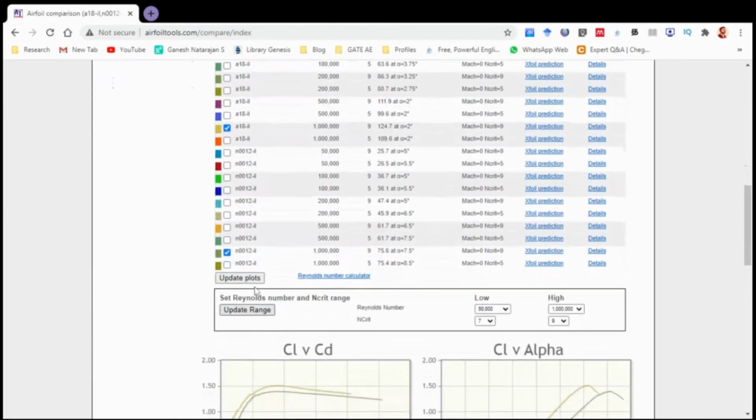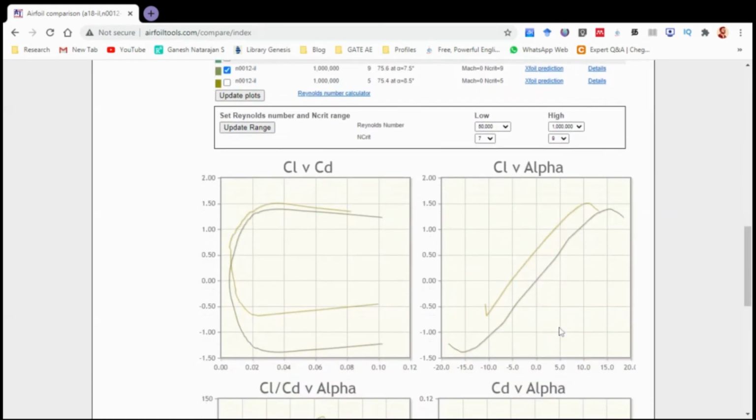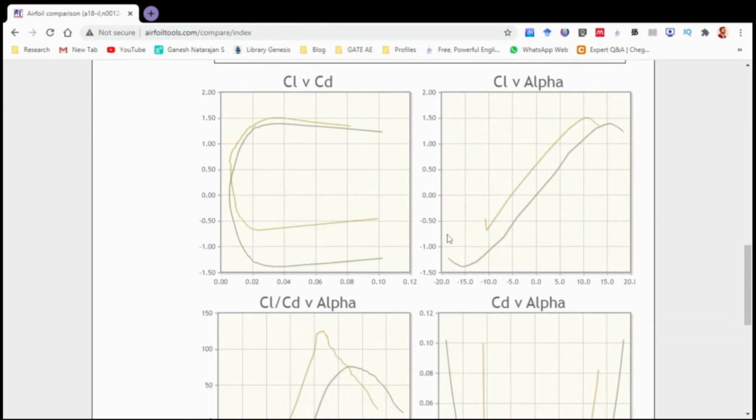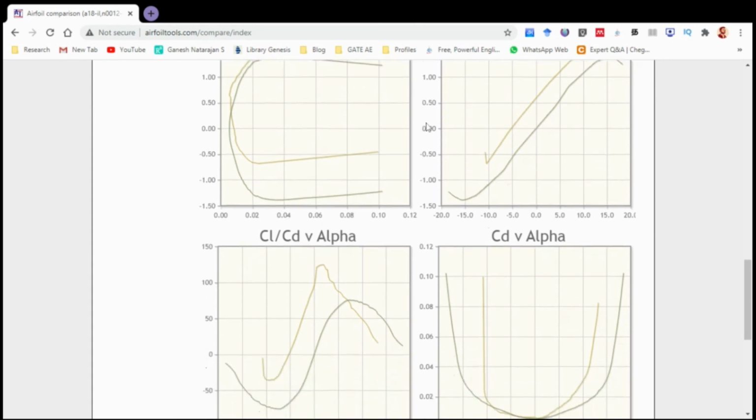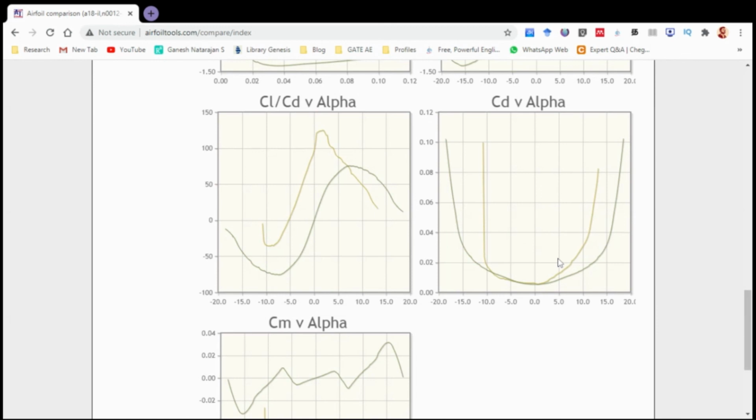The yellow one is the cambered airfoil, and the brownish green one is the symmetric airfoil. Here we can see that the cambered airfoil has a lesser range compared to the symmetric airfoil in this particular configuration, and the maximum variation is from 0, or a minimum value, to 2.